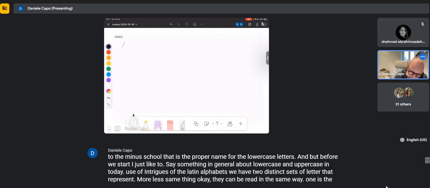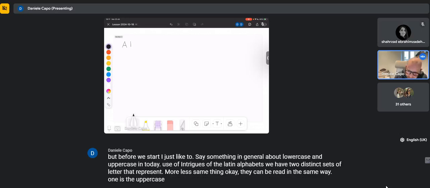One is the uppercase, which we studied. The other one is the lowercase.